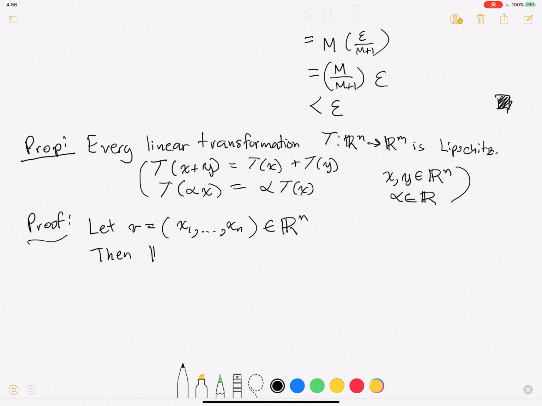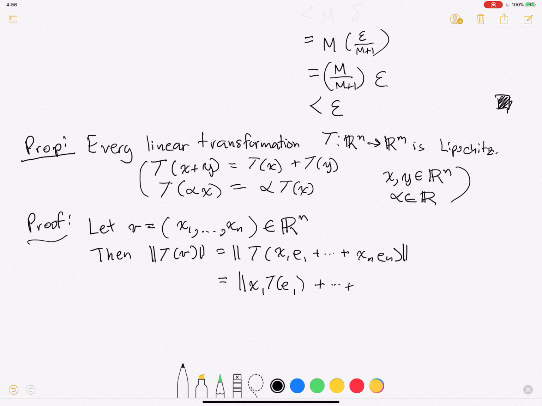Then you take the norm of T of that, then you get x1 times the first standard basis vector, all the way up to xn times the nth standard basis vector, so T(v) is x1 T e1 plus up to xn T en. So we just applied linearity there. We broke up the sum, and then we took the xi's out, and that is less than or equal to this, using properties of norms.